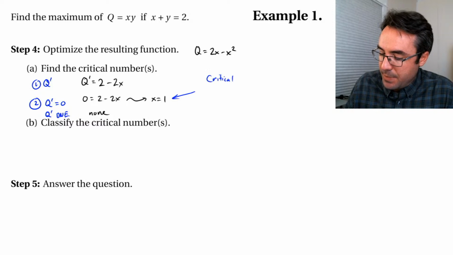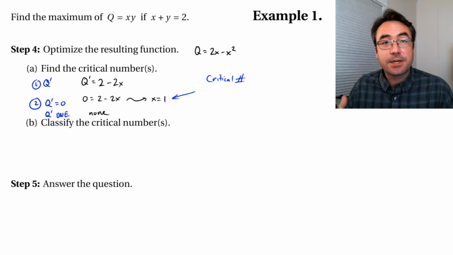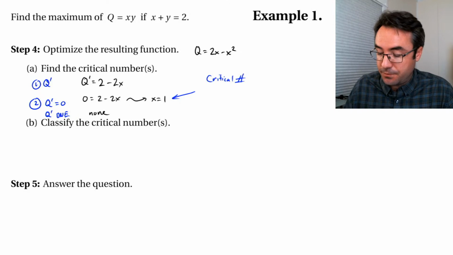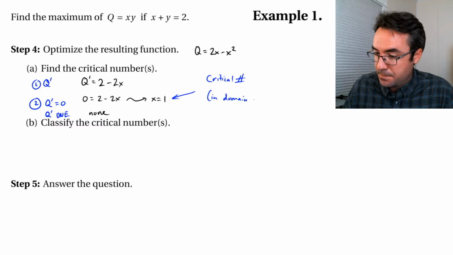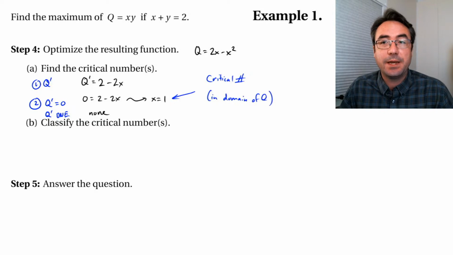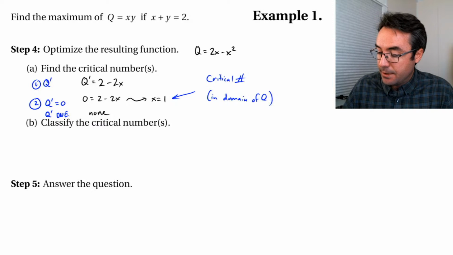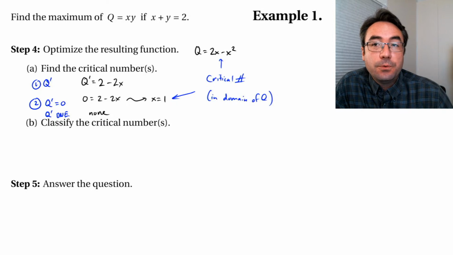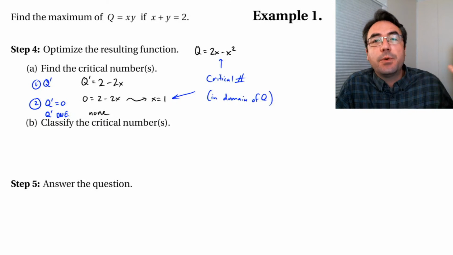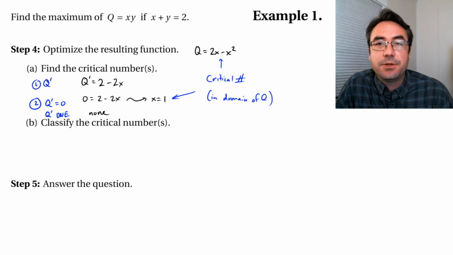We just want to mentally check that it's in the domain of our original function q. If we look at 2x minus x squared, there's no issue if we plug in x equals 1. So it's in the domain.